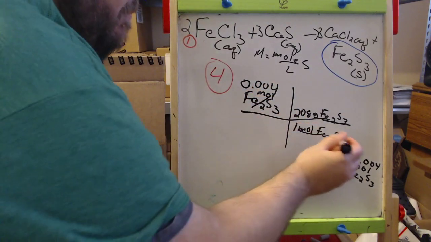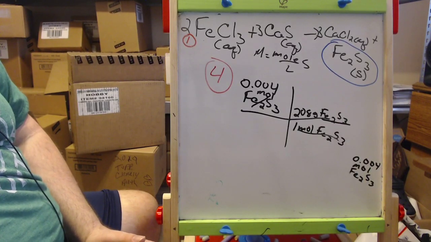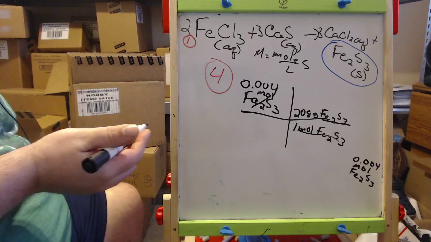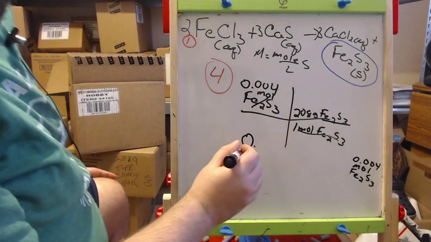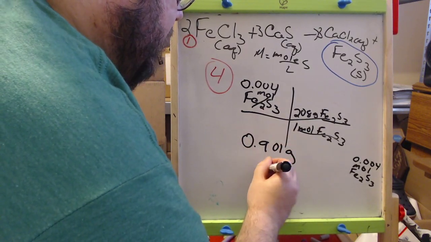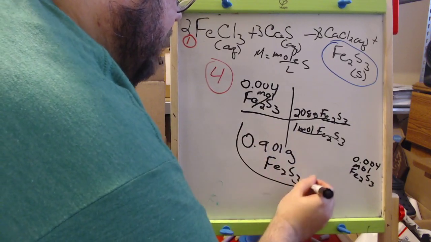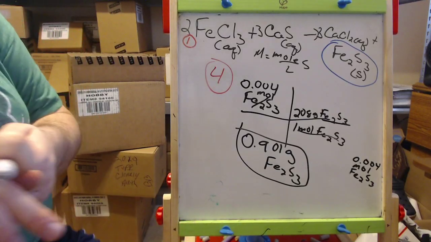So I'm going to take that 0.004, multiply it by 208, and I'm going to get 0.901 grams of Fe2S3. Now, as long as all my math is right, that should be our answer.